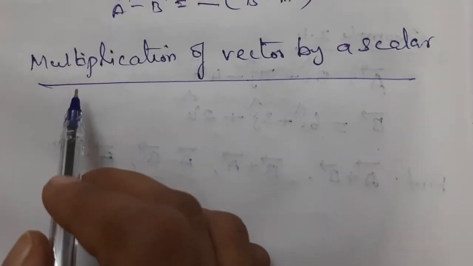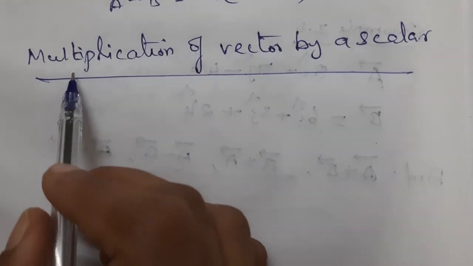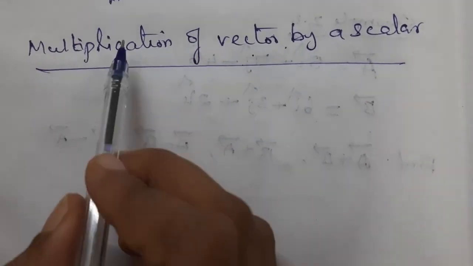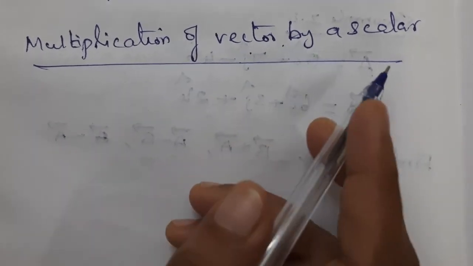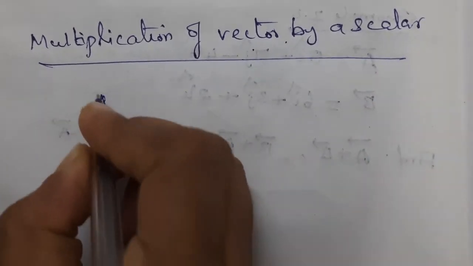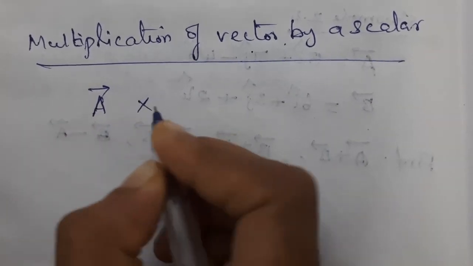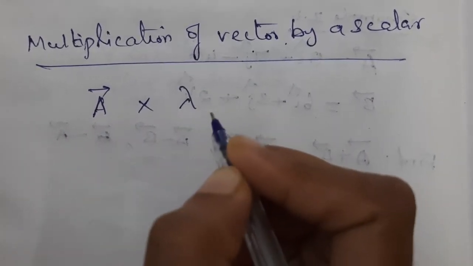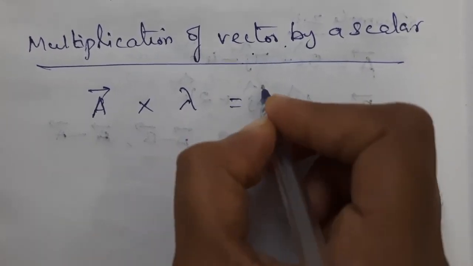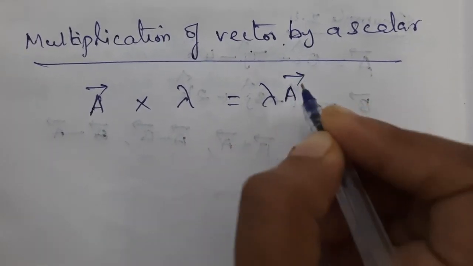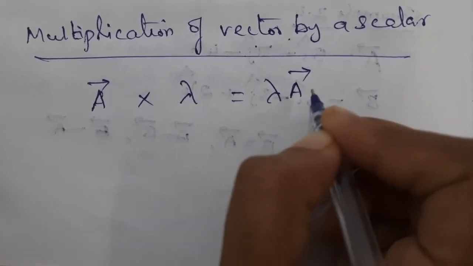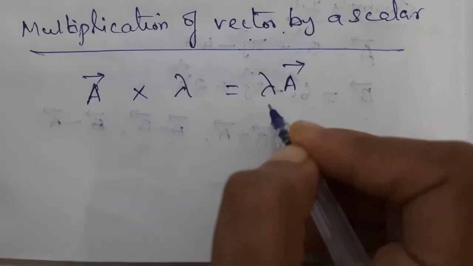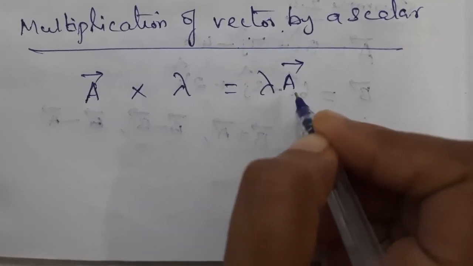Next, multiplication. First, multiplication of a vector by a scalar. Consider the vector A. A vector is multiplied by a scalar quantity lambda. We will get lambda A vector. That is, the result is another vector.